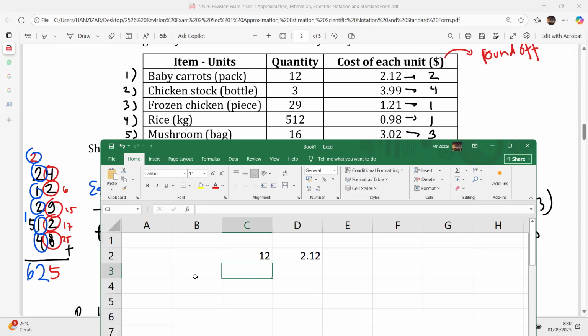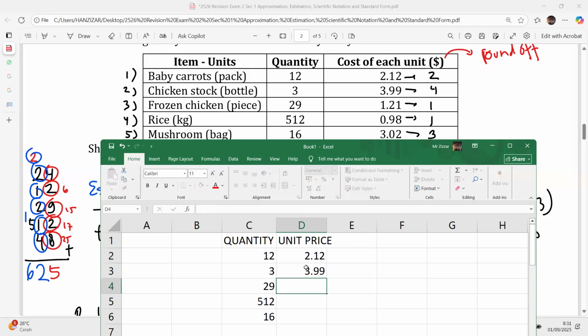Okay, 12 for baby carrots, 3, 29, 512, and 16 for mushroom. This is the quantity. And this is the unit price, right? 2.12, 3.99, 1.21, 0.98, and 3.02.